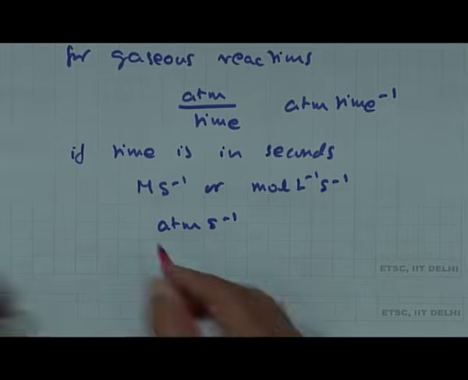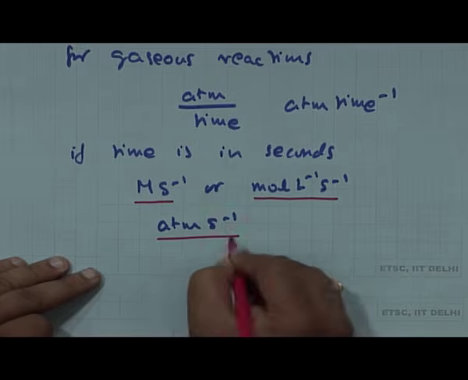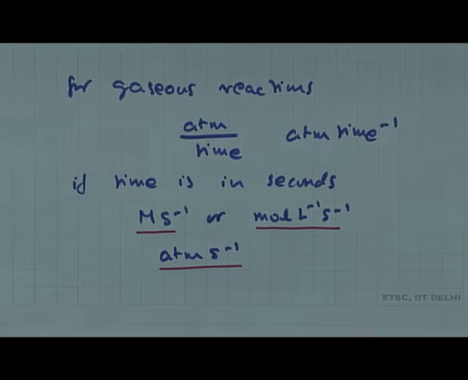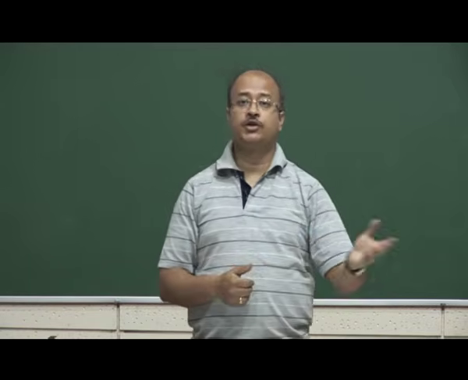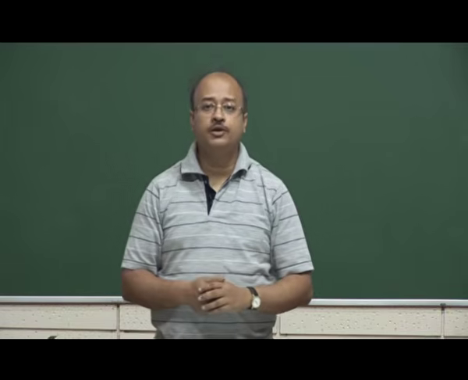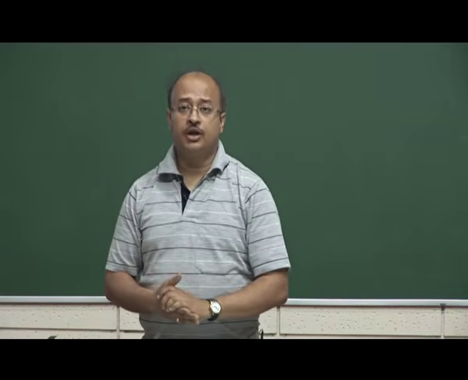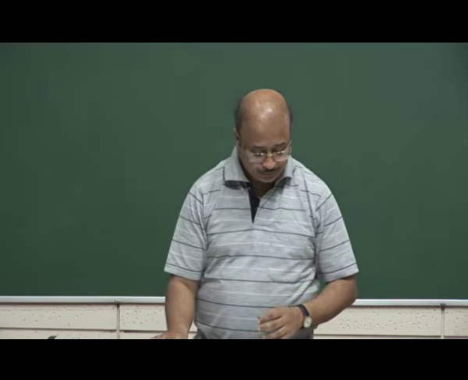So, this is very straightforward. Why? Because the rate is how the concentration is changing over time. If your concentration is in molar units, you put in moles per liter. If your concentration is in atmospheres, for gaseous reactions, you put in atmospheres, and so on.